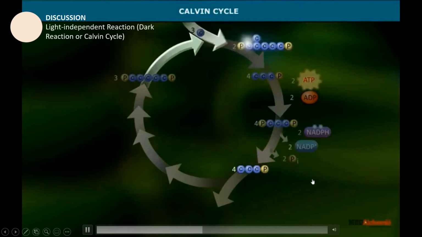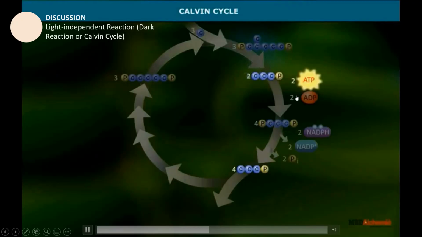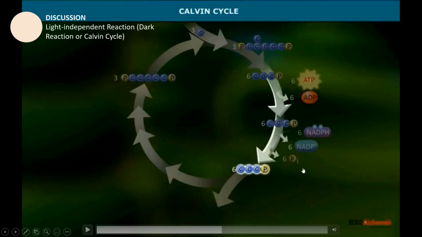Now, meron pang isang carbon dioxide na mag-enter sa system, that is going to be binded with another ribulose bisphosphate. So, 3 na yung carbon dioxide, 3 na rin yung mga nagamit na ribulose bisphosphate. Tapos, yung ATP magiging 6 na. ADP 6, NADPH 6. Okay, tapos yung NADP plus 6. Tapos yung magiging phosphate na free, 6 na rin.